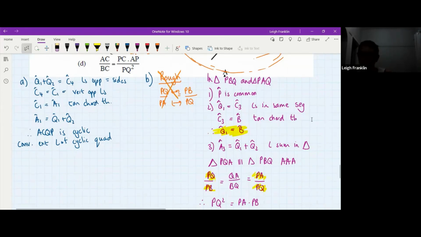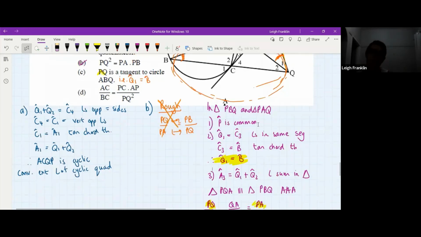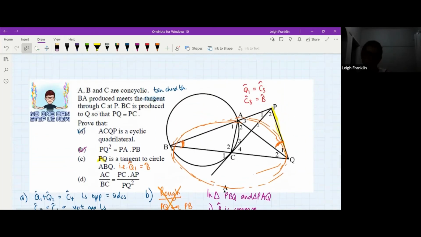So this is actually not a particularly difficult question once we have identified the two angles that we need to prove are equal to one another. So in part C, this is what we would do. We would then say that angle Q1 equals angle B. Okay, so this was proved above.